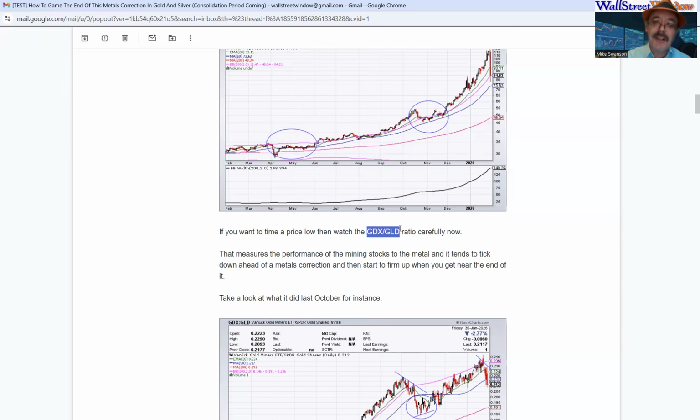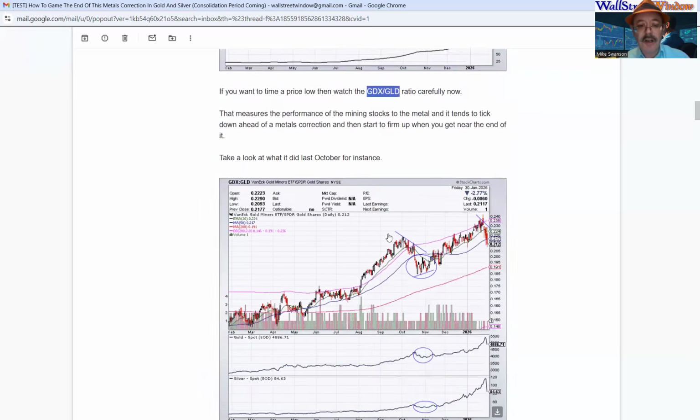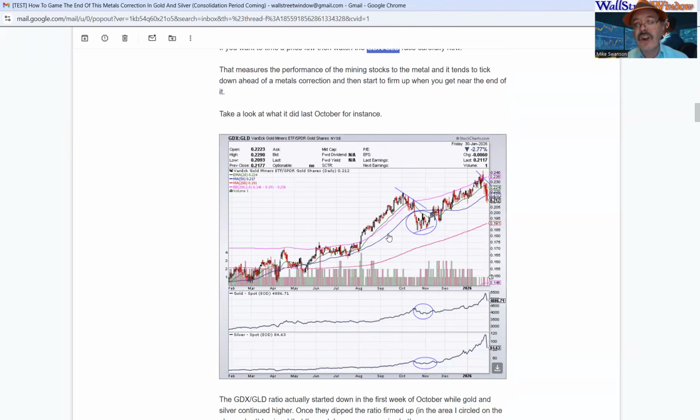If you divide the price of GDX by gold, you get a price ratio chart, which is what you see here. What this chart essentially measures is how GDX is performing relative to gold. Typically in an up leg, in a bull market, this ratio goes up. The mining stocks go up more than gold. But when the mining stocks start to lag the price of gold, that's a warning sign that this rally is probably going to lose momentum.